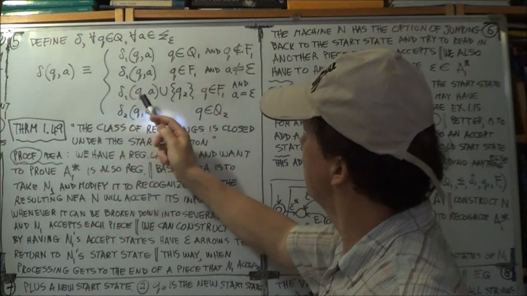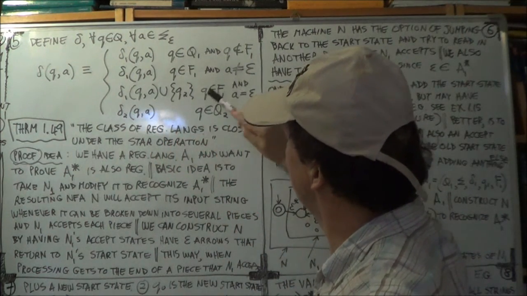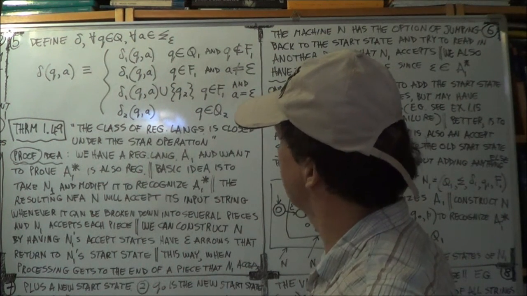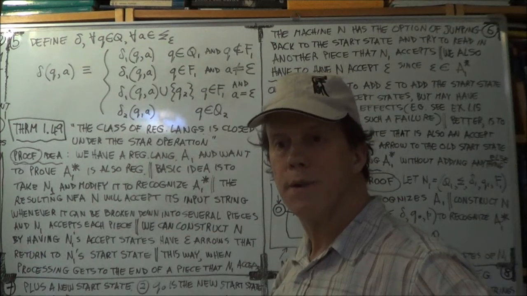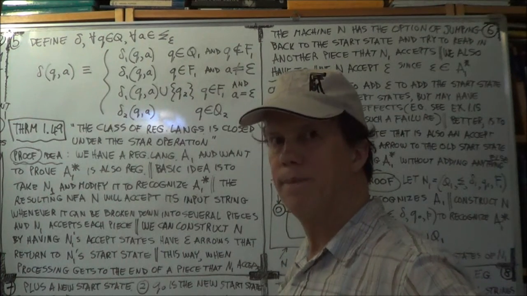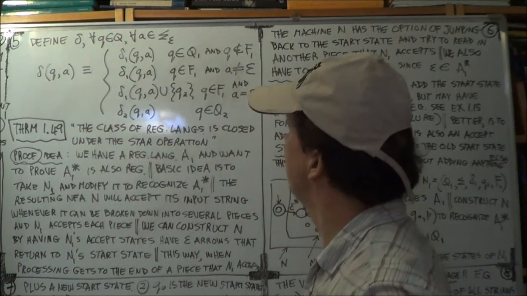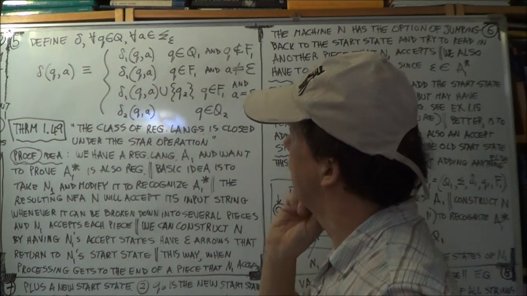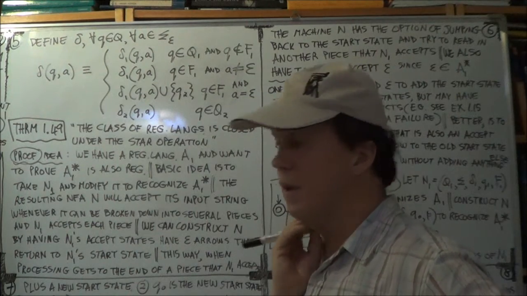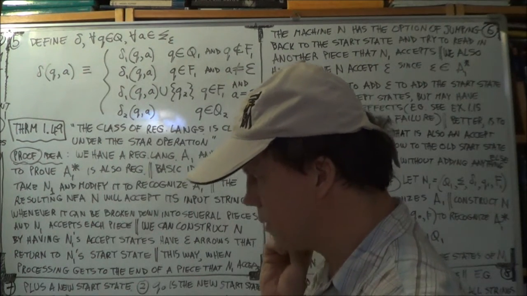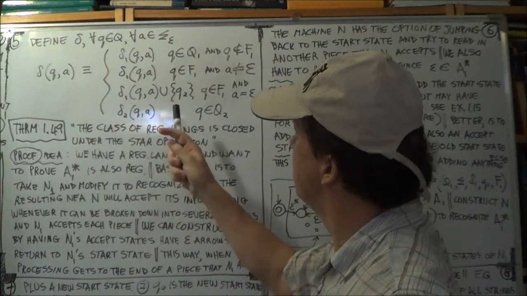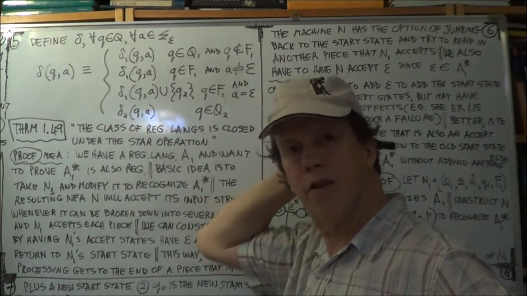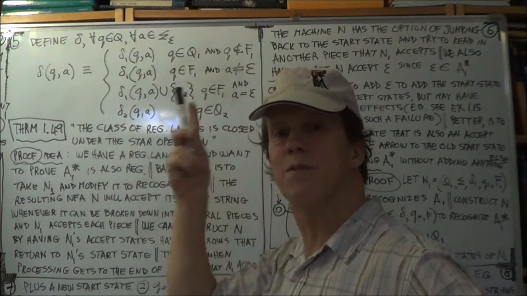Now, special case here, your current state is in F1. That's one of the accept states of machine N1, of the automaton N1. Now you follow the eta arrow, and you pick up the state that the eta arrow is pointing to, in other words, the starting state of machine N2.